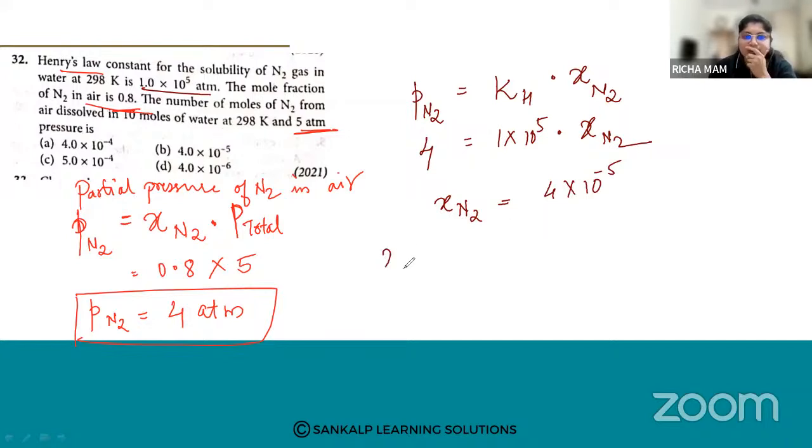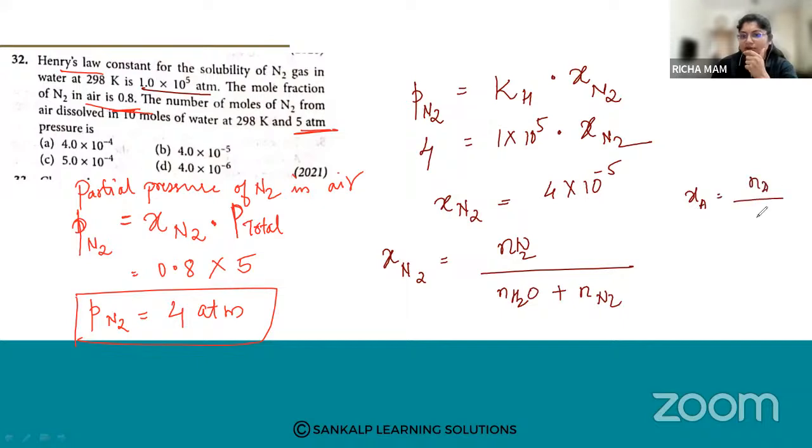We know the formula: the mole fraction of A is equal to the number of moles of A upon the number of moles of A plus B. Similarly, here we have water and N2.